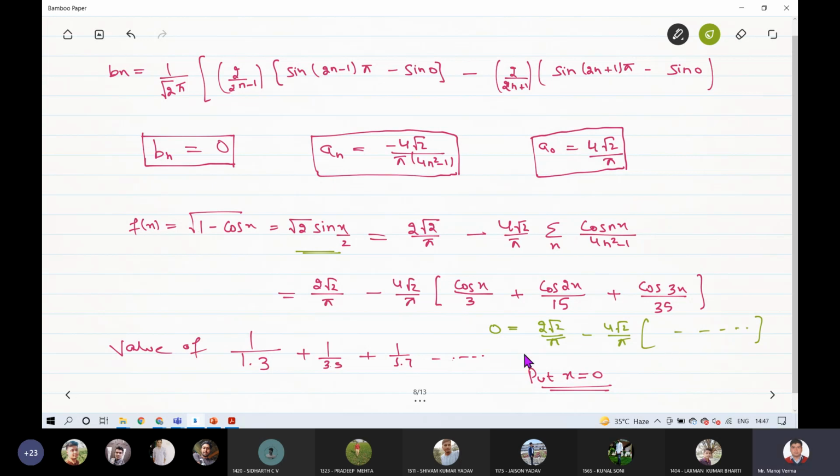Okay, so if I rearrange these terms, this series will be equal to half. The 2 root 2 will come to this side, and it will be half. So the value of this series I can find with the help of this Fourier series expansion of this function, and it is coming out to be half.